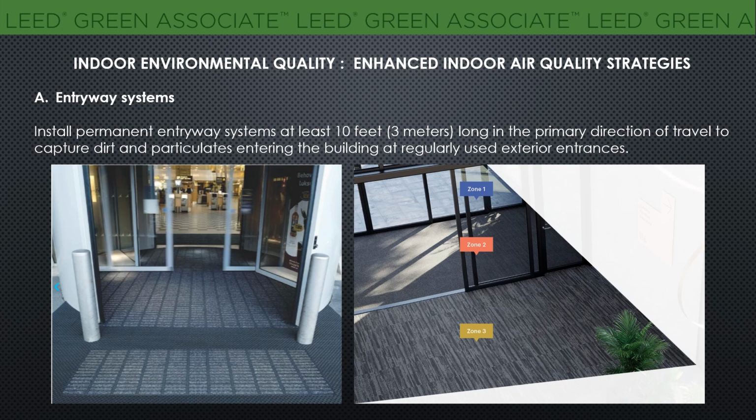Pictures of this entryway system are shown on the page. Acceptable entryway systems include permanently installed grates, grills, slotted systems that allow for cleaning underneath, rollout mats, and any other materials manufactured as entryway systems with equivalent or better performance. Also consider one thing: maintain all of them on a weekly basis.